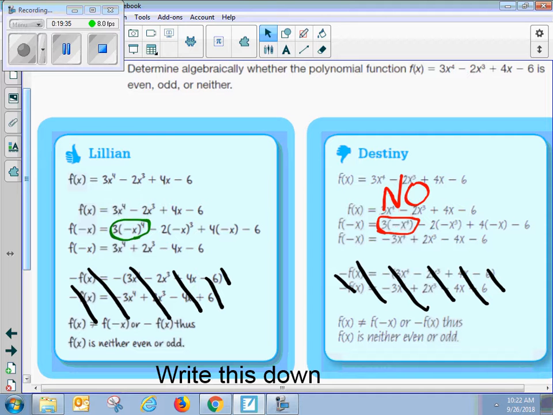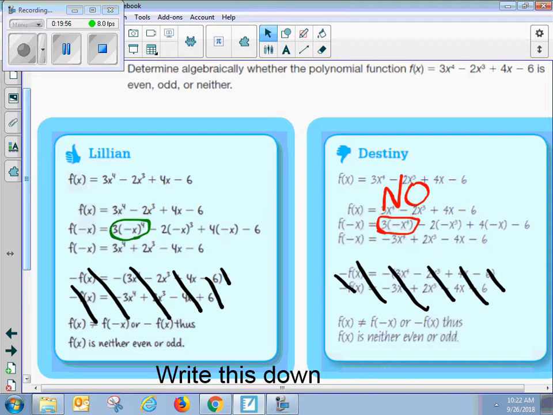Over there, Destiny, by accident, I hope, put the exponents inside the parentheses, which means why bother with the parentheses? So with hers, she has the negative inside, then the x, so she's not going to be taking the negative to the power.